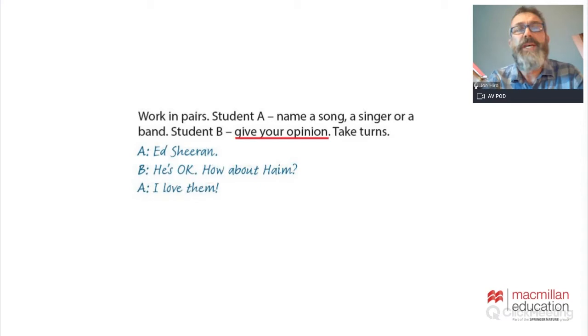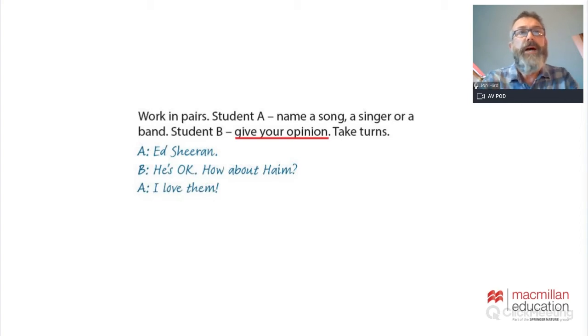Here's one, give your opinion. This is very overt. This is actually from Language Hub, from the A2 level. It's quite simple, quite straightforward. Maybe lower level thinking: do you like them? Yes, I do. No, I don't, and so on.